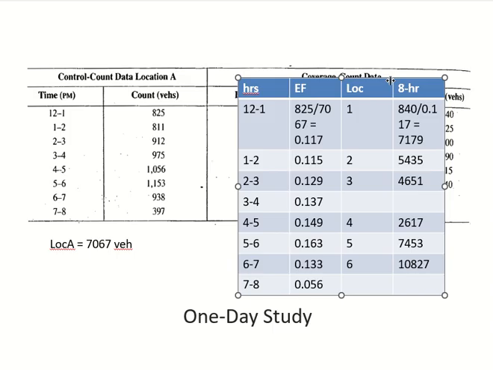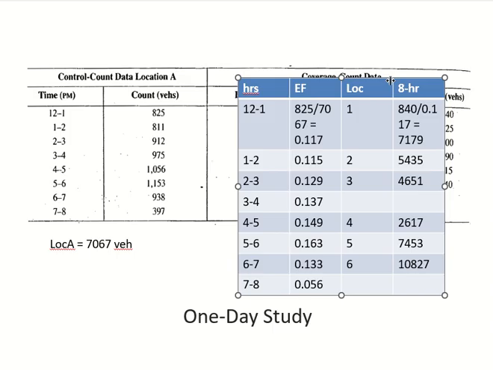It will repeat. So this is a logical conclusion that if the peak hour at control count is between 6 to 7, then the peak hour at the other locations will also be in the same time period. Got it? So we know the peak hour at all these locations is between 5 to 6.